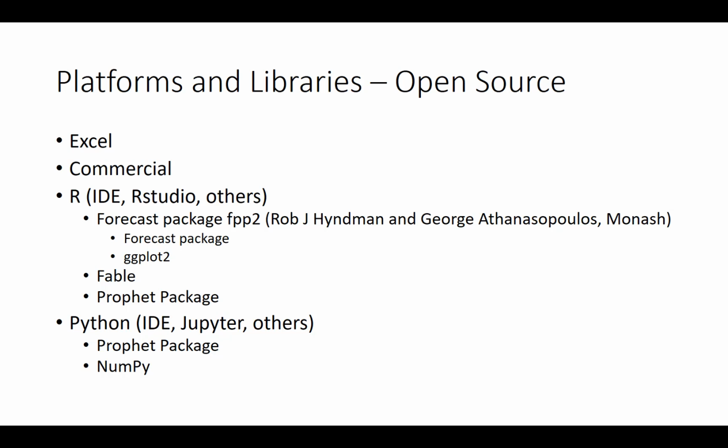And then fable is another one in R. And then the Prophet package, which Facebook uses a lot, is available in R. It's also available in Python. So if you prefer to do your data science open source in Python, you can use different IDEs for that, like Jupyter and Spyder and some of the other ones. Prophet's available there, as well as NumPy. And there are a lot of others. I'm certainly not familiar with every single one.